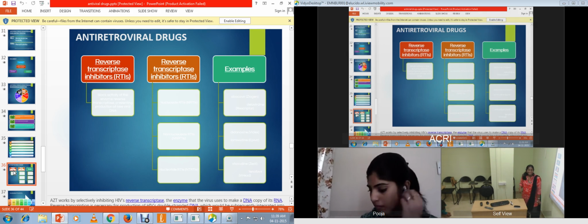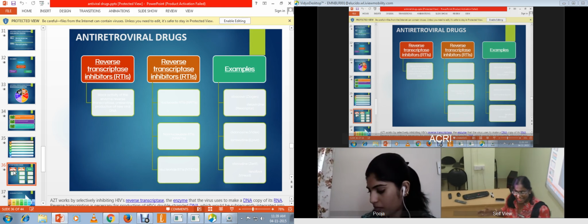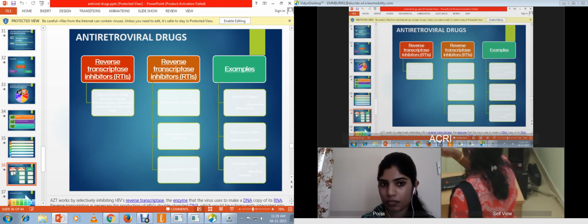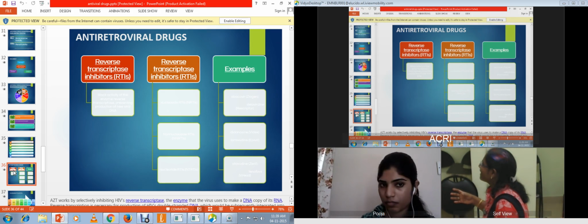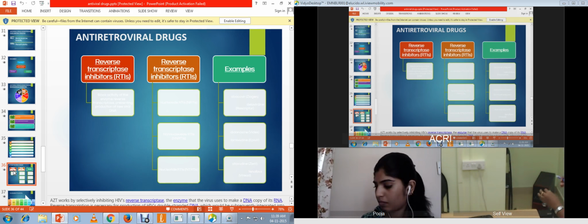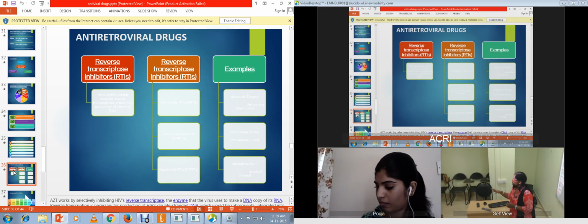Reverse transcription is the generation of complementary DNA from an RNA template. What is this complementary DNA, cDNA? Here, what is the function of this complementary DNA?